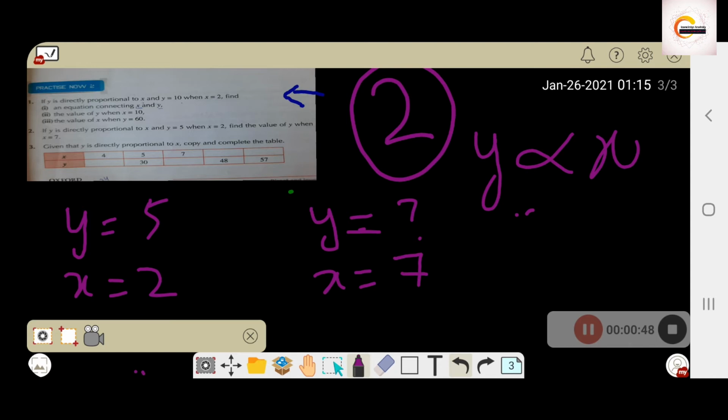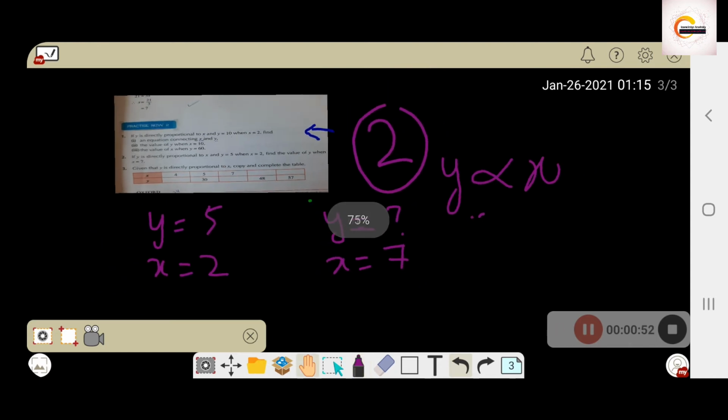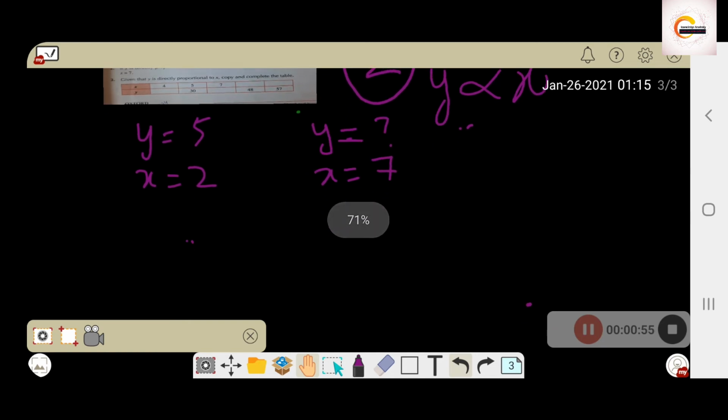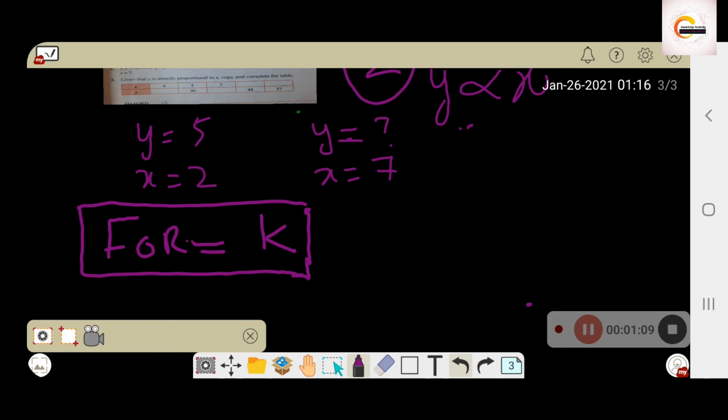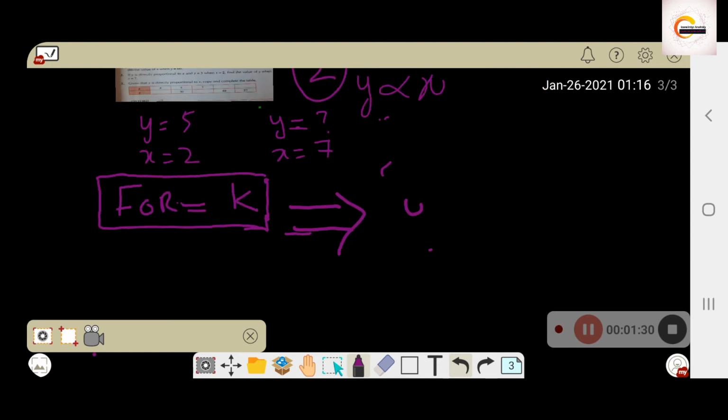We have to solve it through algebraic expression. And now we know, first we have to find out the value of k. Then we will put this value of k into the formula to get the answer.